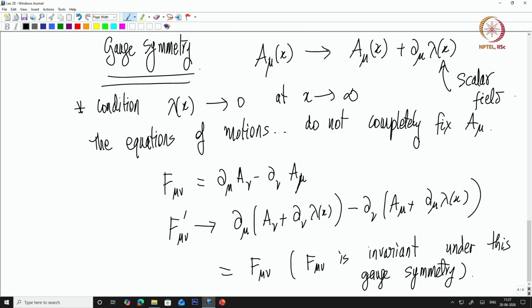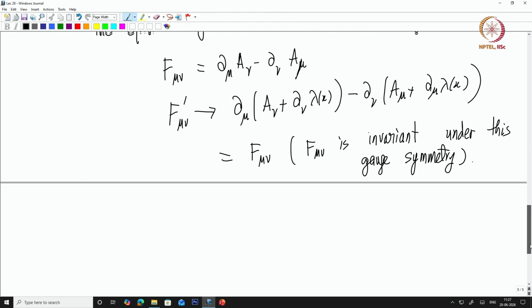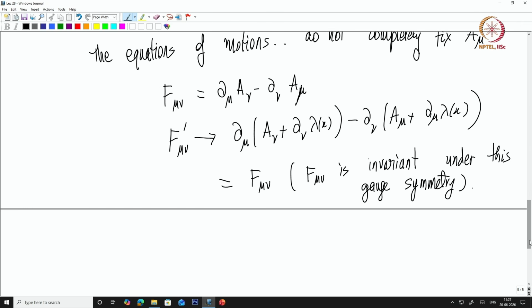So that means you cannot determine A mu completely by solving for F mu nu, meaning taking the derivatives of F mu nu and the Bianchi identities. A mu cannot be completely fixed.